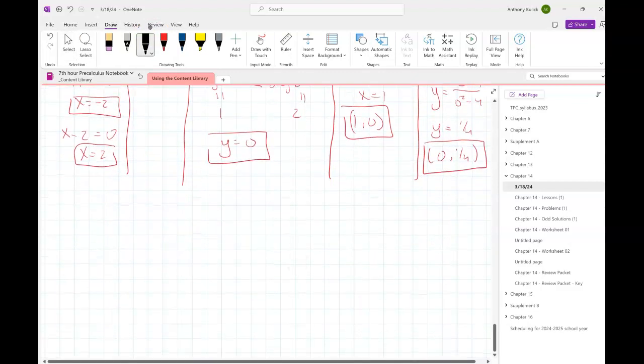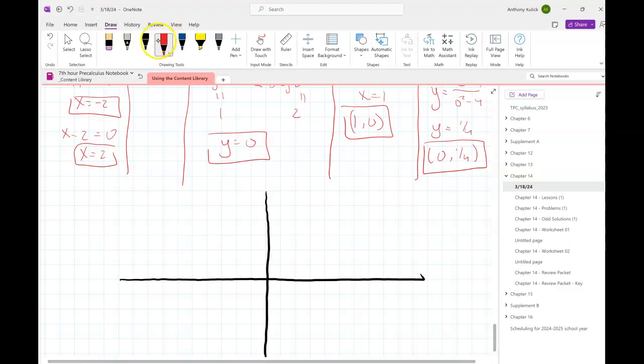All right. Let's draw ourselves a graph. I'm going to go by half units. I'm going to start by drawing in my asymptotes.